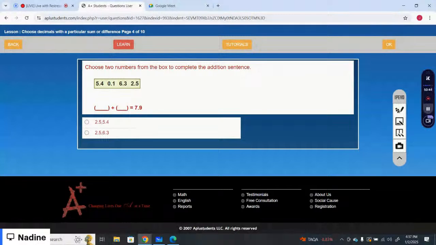Choose two numbers from the box to complete the addition sentence. Which two numbers have the sum 7.9?